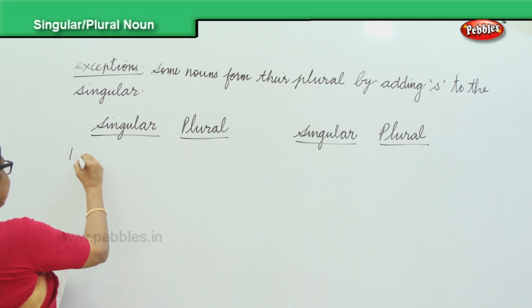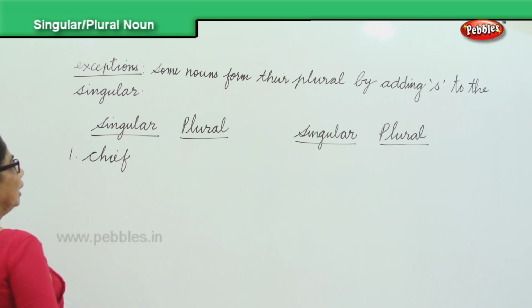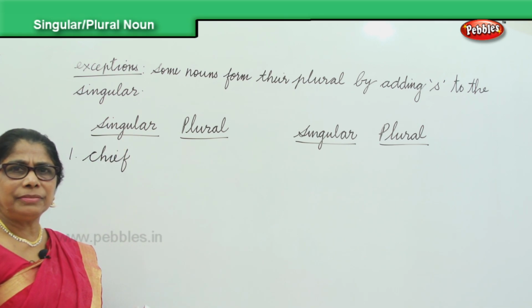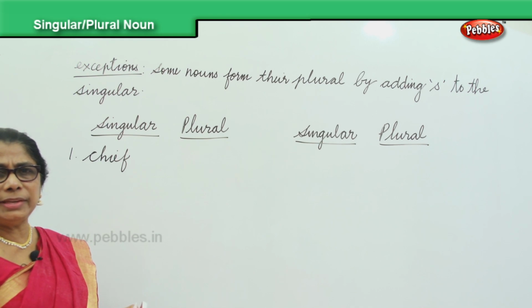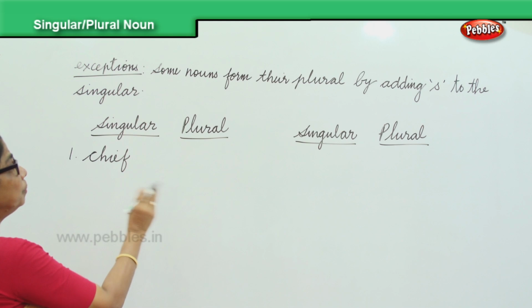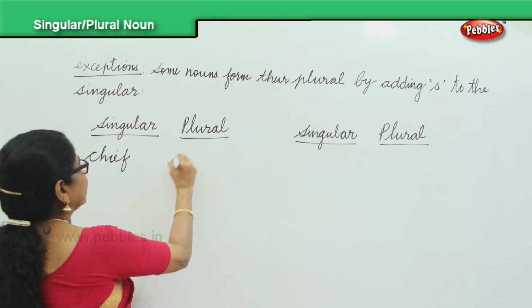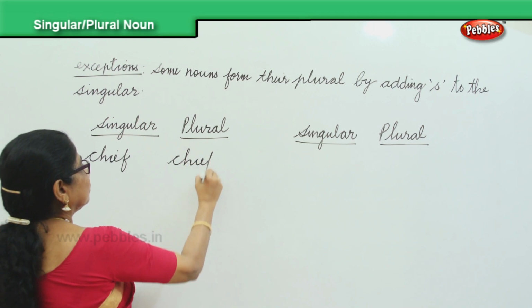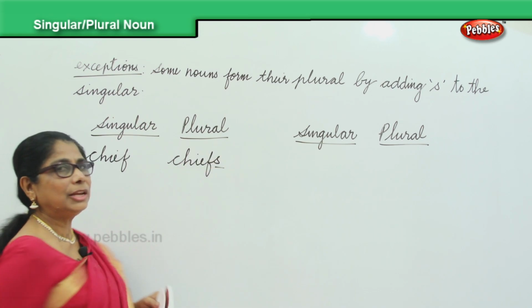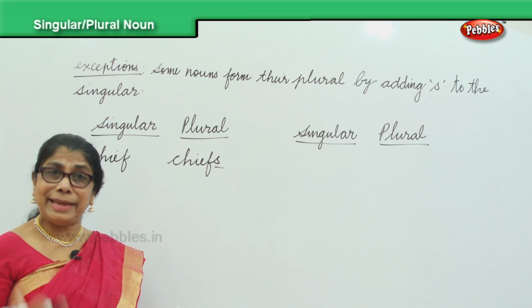Now, here you have chief. Earlier we learned if a noun ends in F, we change it to VES. But here, the exception is, to form the plural, you simply add S. So, chiefs. You simply add an S to form the plural form. And this is only for a few nouns.